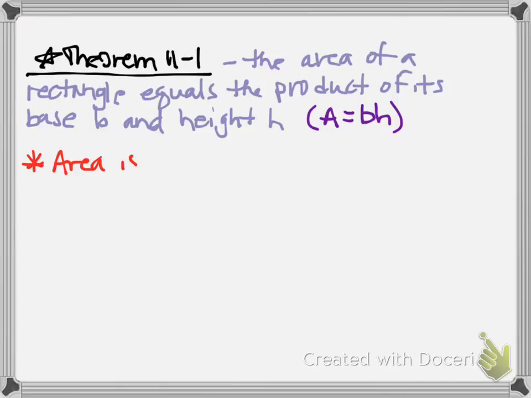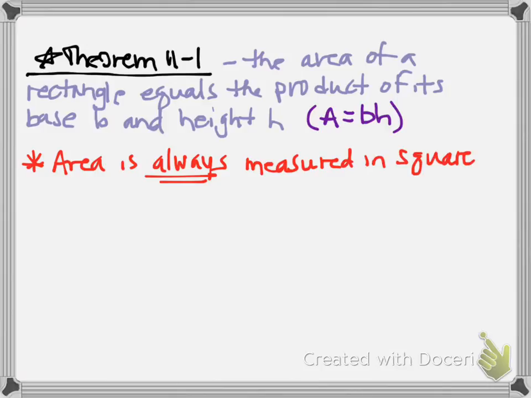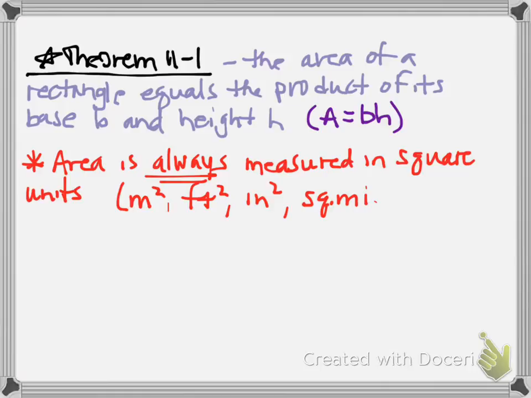So area is always measured in square units. So meters squared, feet squared, inches squared. That's what it looks like, but we actually read it as square meters, square feet, square inches. The other way to write it, square miles. So SQMI for the abbreviation of miles.